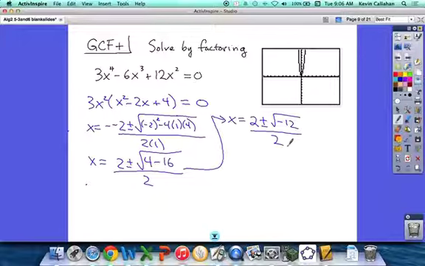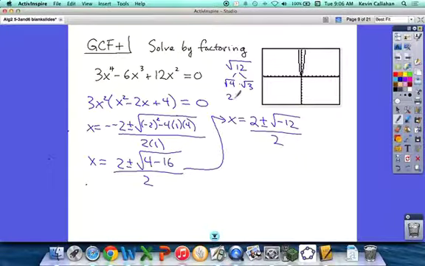So now this is 2 plus or minus the square root of -12 over 2. So what kind of solutions are we going to get here since we're taking the square root of a negative number? You're going to get imaginary solutions here, right? Remember that the square root of 12 is the square root of 4 times the square root of 3. 12 is not a perfect square, but if you factor it, 4 times 3, at least you could simplify the square root of 4 part.